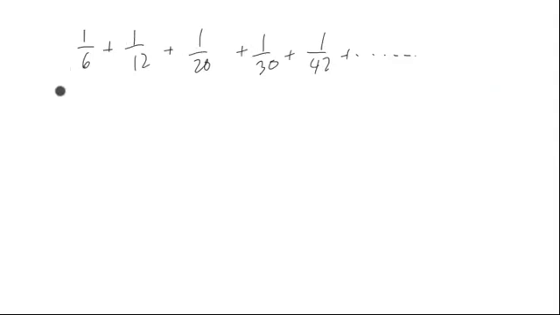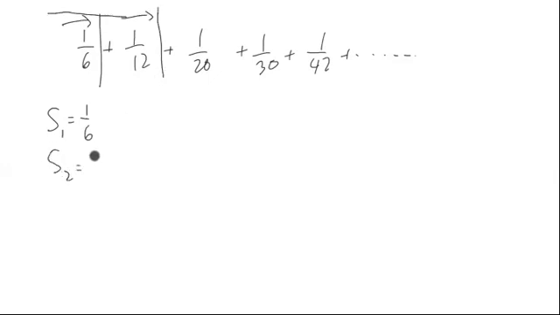Well, if we take a look at just adding one thing up, maybe just to here in the sum, we'll call that S1. Just add one thing. Now, if we add two things, let's call that S2: 1/6 plus 1/12, and so forth. S3 being adding up to there would be 1/6 plus 1/12 plus 1/20, and so forth.